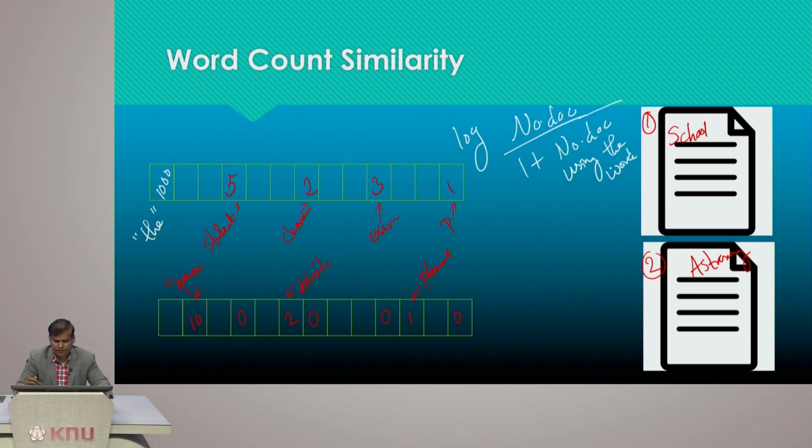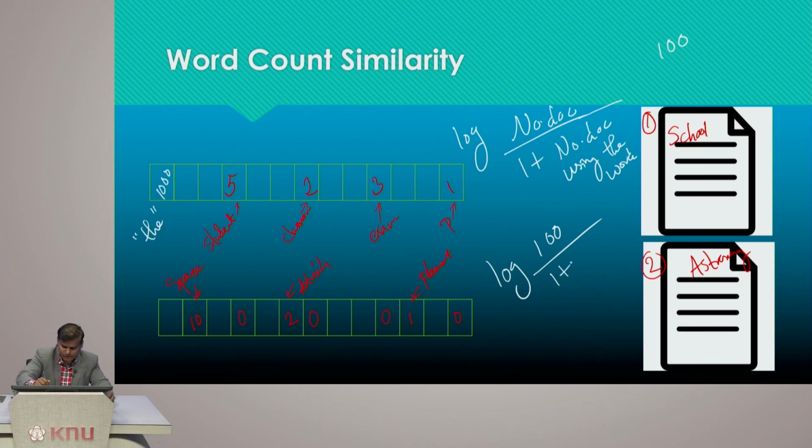Based on that, suppose I have 100 documents overall, so you have log of 100, and among the 100 documents, let's say 99 documents have the word the.